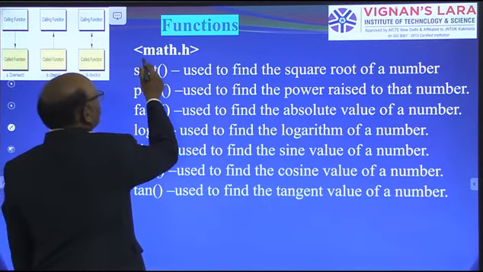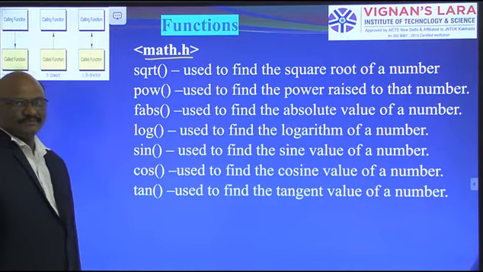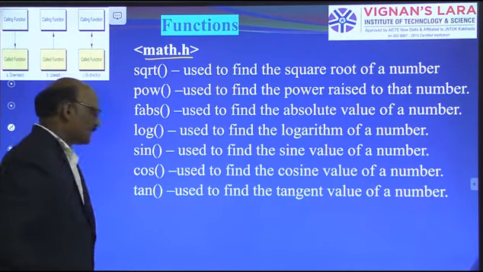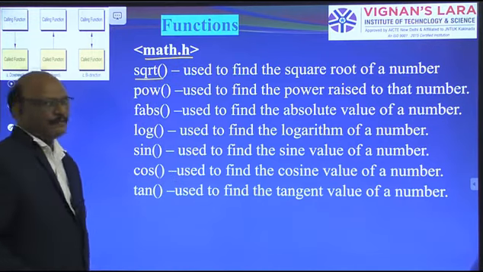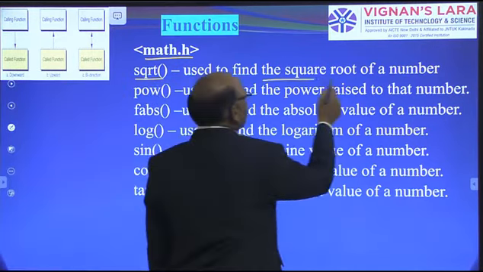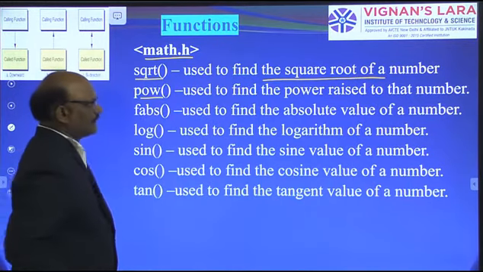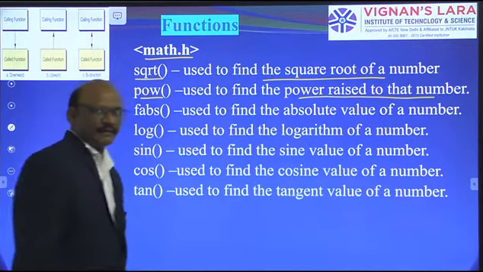Now another header file, that is math.h. It consists of the following library functions. First one is sqrt, used to find the square root of a number. pow, used to find the power raised to that number.